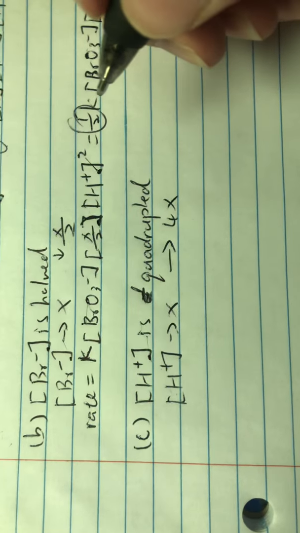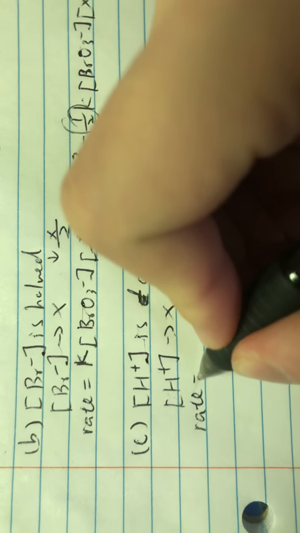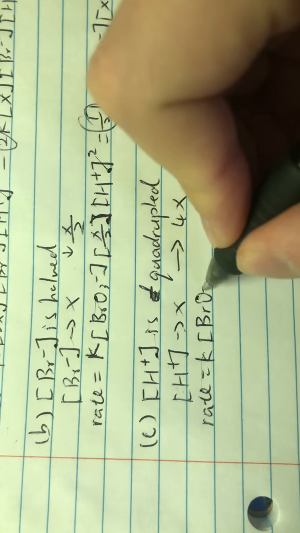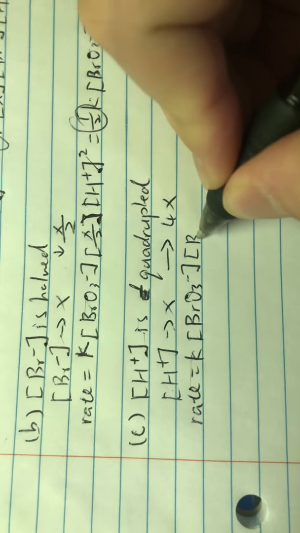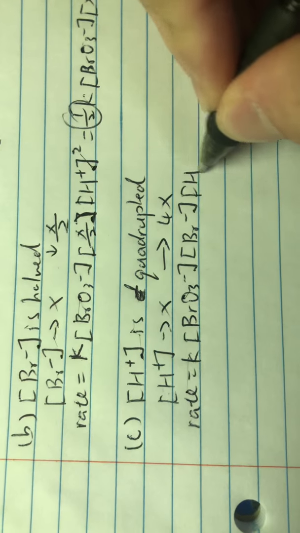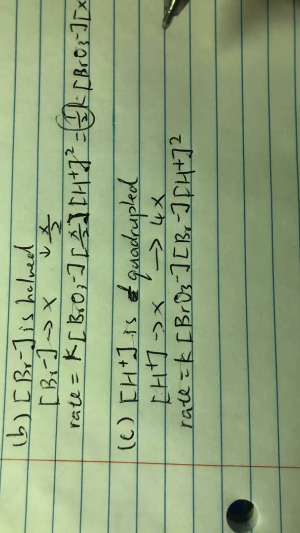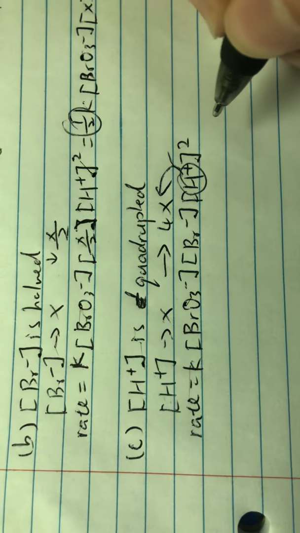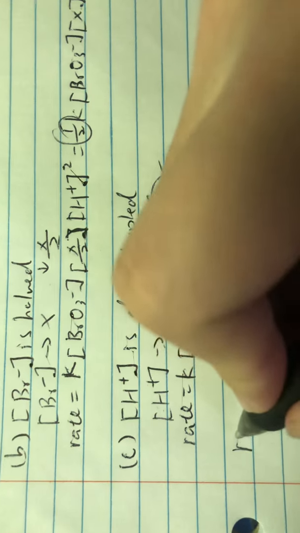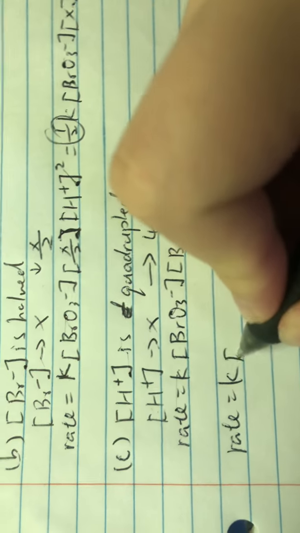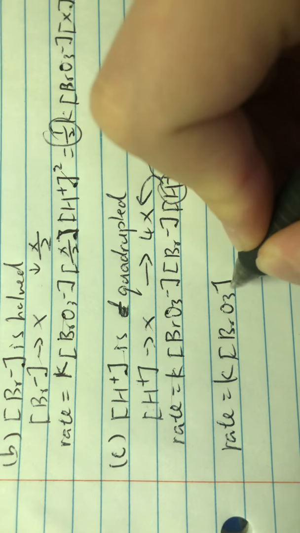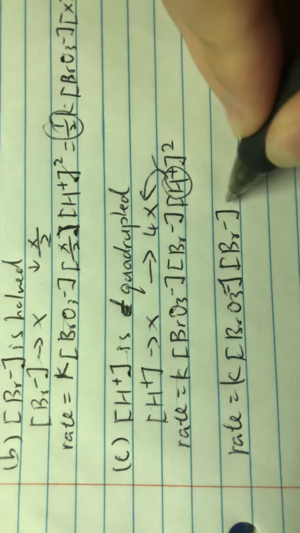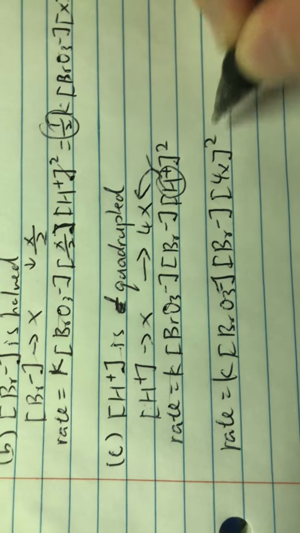Now if we plug it back in, the rate equals k times BrO3 minus times Br minus times H plus to the second power. Well, now this goes to 4x. So the rate would be k times BrO3 minus, of course Br minus, and then 4x squared.